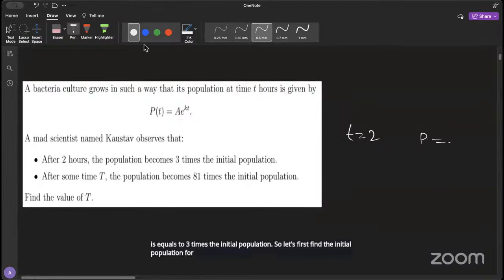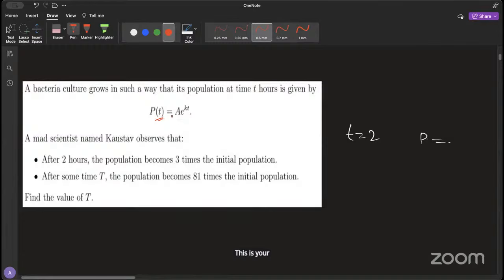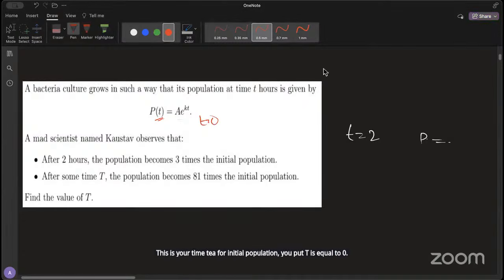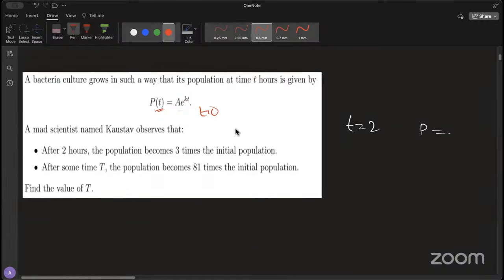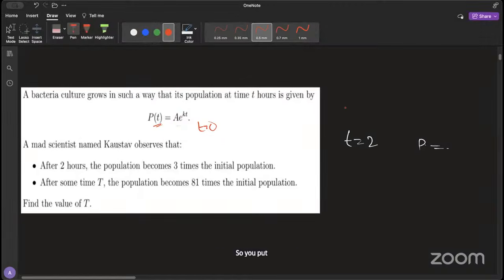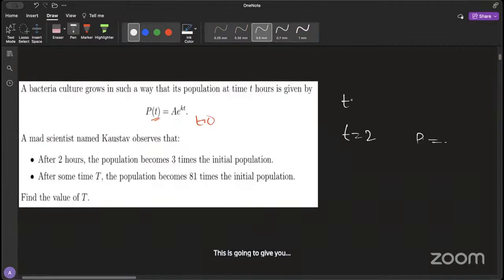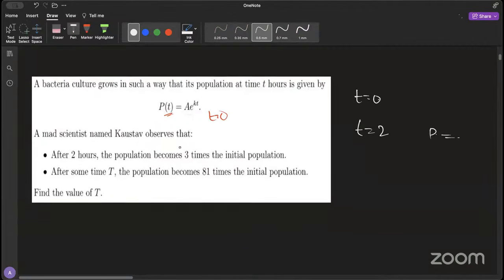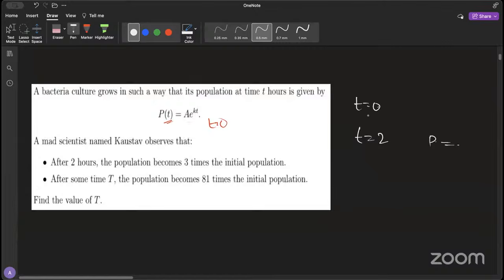For the initial population, this is your time t, so you put t equal to 0 here. The initial population is the population at t equal to 0.